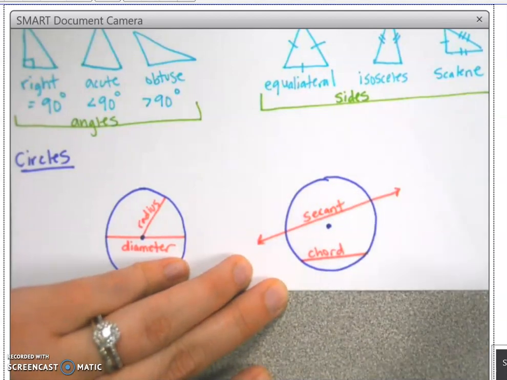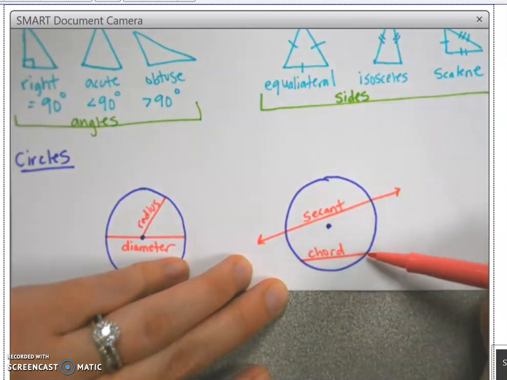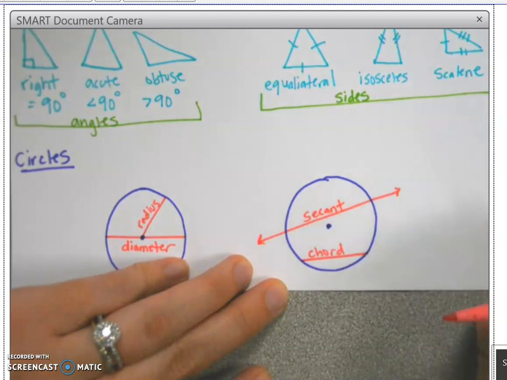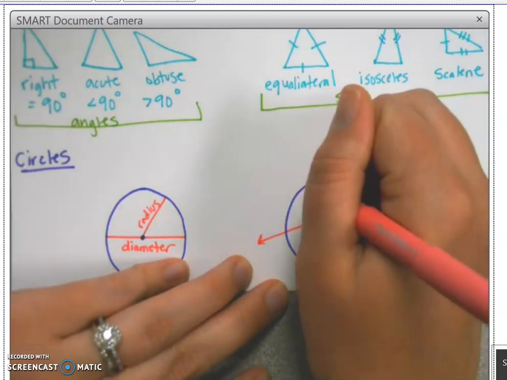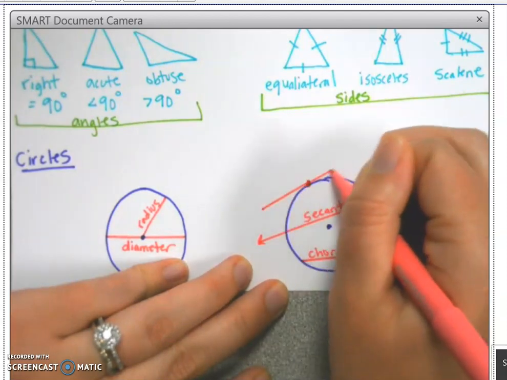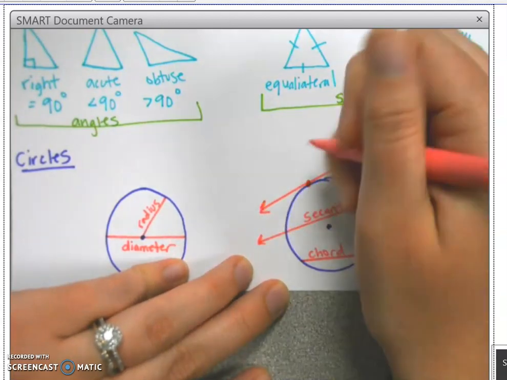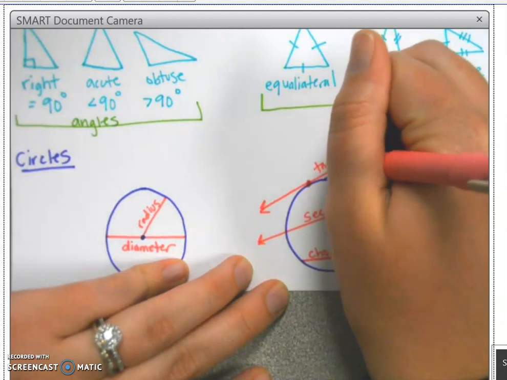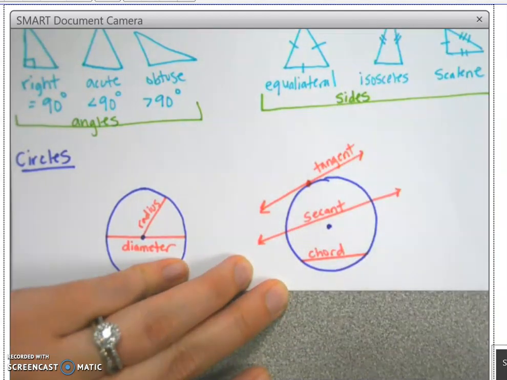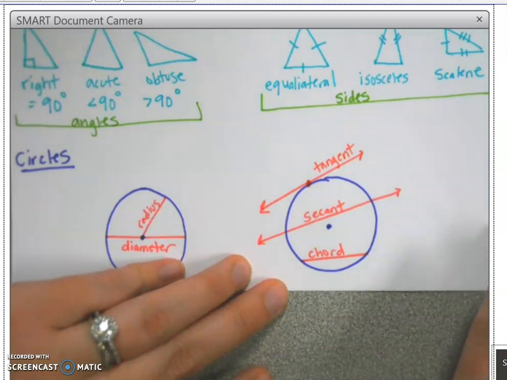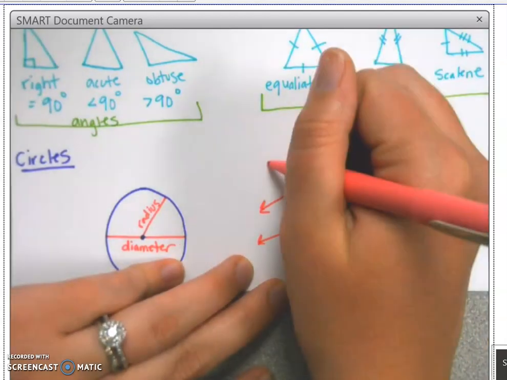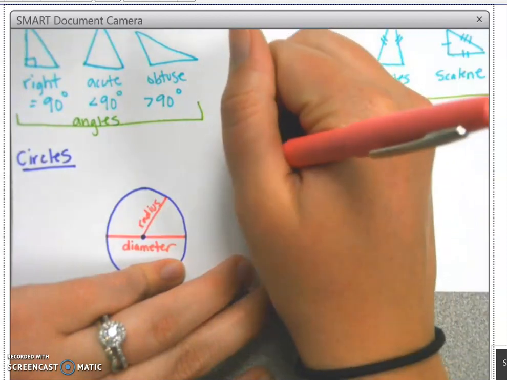So the only difference between a chord and a secant is a chord stops on the circle and a secant keeps going. I can have one that only touches at one point. This is called a tangent. So this is a line that only touches at one point. And this one point that it touches at, this right here, is called the point of tangency.